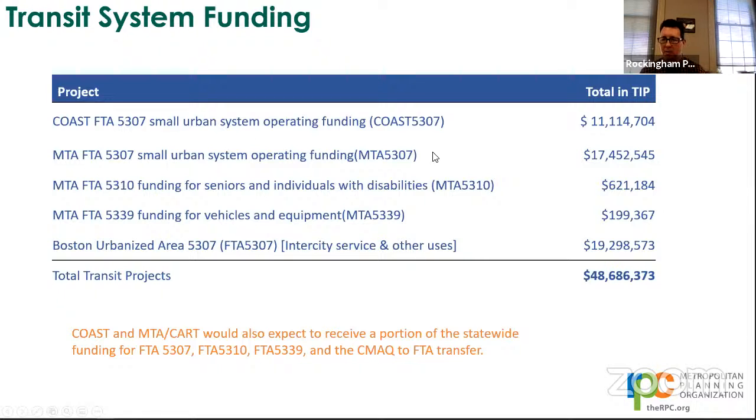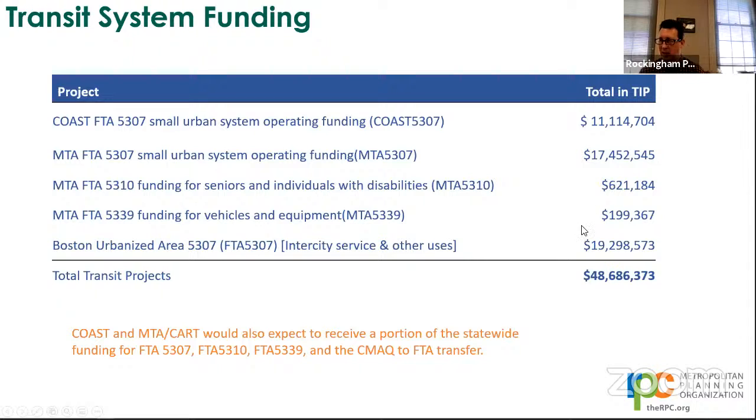And there are three different pieces of that funding. The 5307, of course, for the small urban system, but also the 5310 funding for seniors and individuals with disabilities that CART gets, but now part of MTA, and the 5339, which is funding for vehicles and equipment.